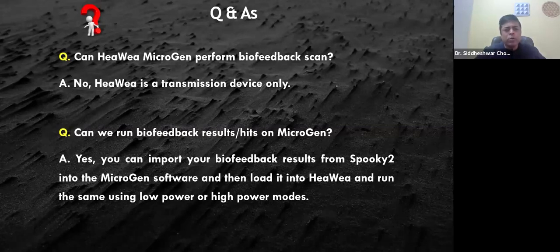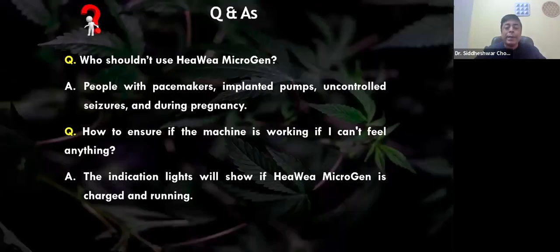So what you will have to do, you will have to save your own custom program. We learned how to do it already. So you can save, change the frequencies as per your biofeedback hits, and you can save them here. Okay. Please remember, HeaWea will convert all the frequencies higher than 2 megahertz to below the 2 megahertz values. Okay. It is going to downgrade your frequencies, right?